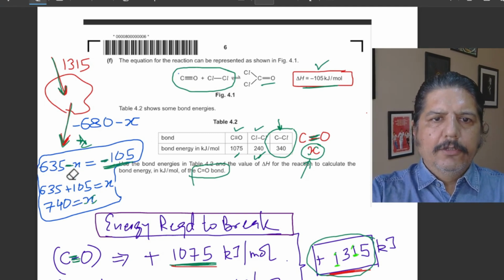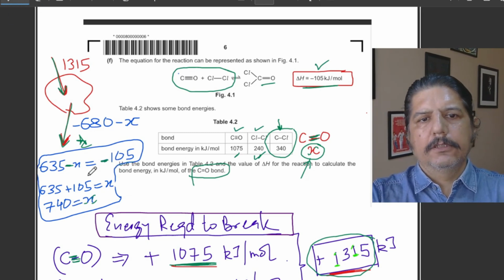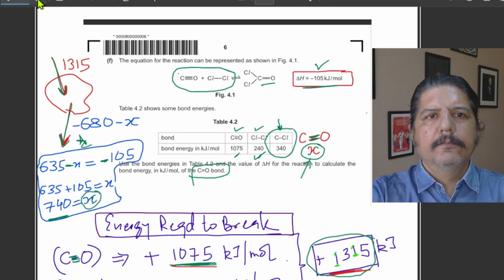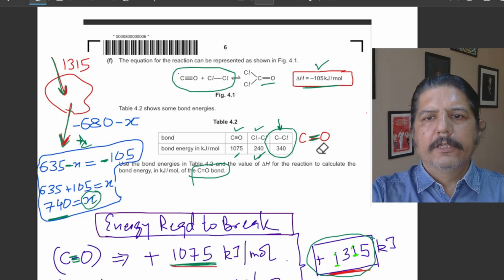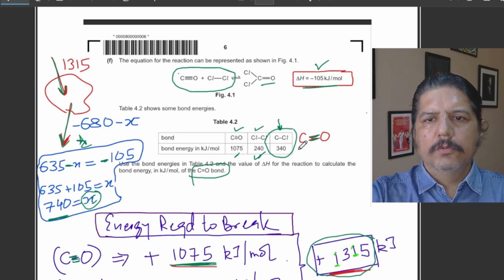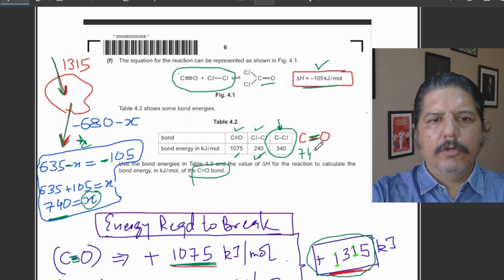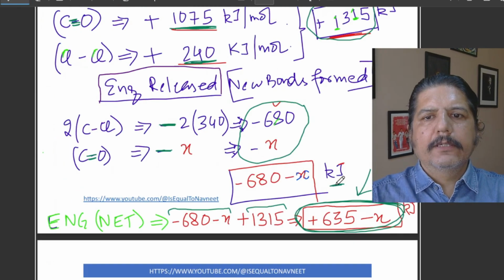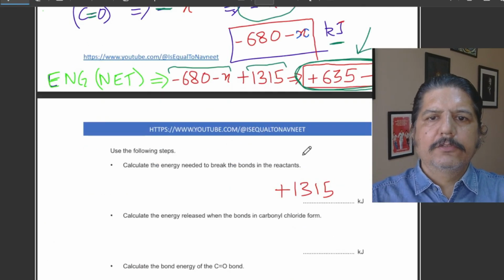So when I calculate the value of X, using basic maths, 740 is the value of X. So the bond energy for C double bond O is 740 kilojoule per mole. Now we have done all the calculations, so let us look at what they are asking.